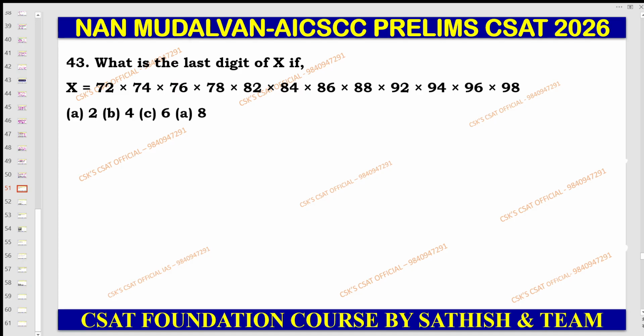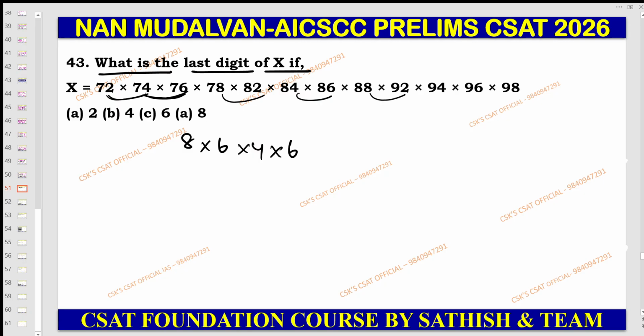Yes, sure. What is the last digit here? Unit digit concept. 4 twos are 8, so 8 into 6 are 48. I'm taking 8. 16, I'm taking 6. 24, I'm taking 4. 16, I'm taking 6.